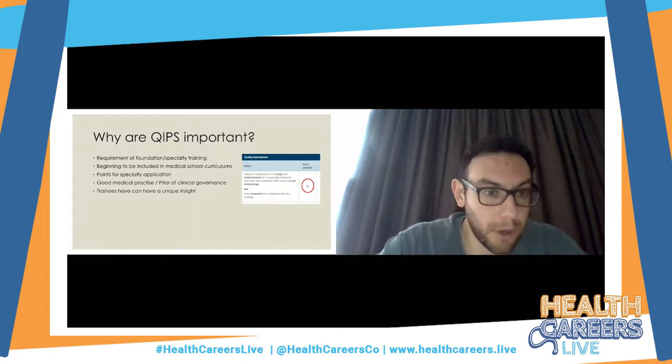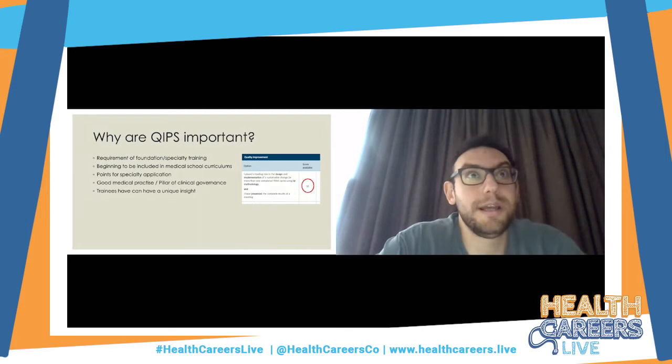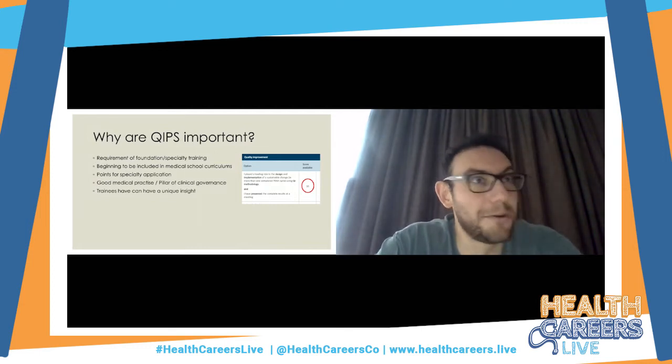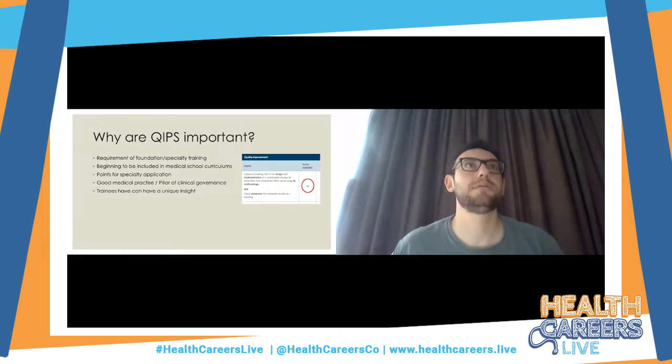It's also a part of good medical practice, and clinical audit is one of the 7 pillars of clinical governance. Don't ask me to quote all 7, but in the wider picture, quality improvement and clinical audits are an essential part of the NHS.